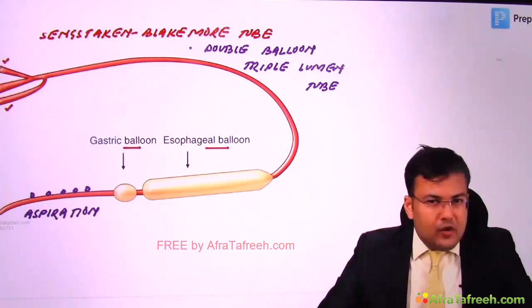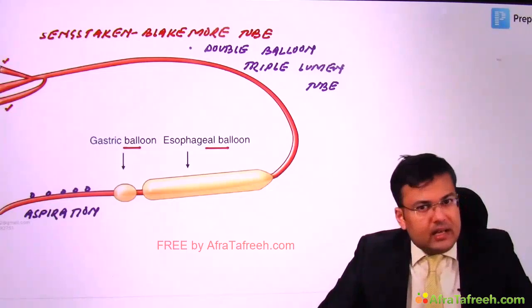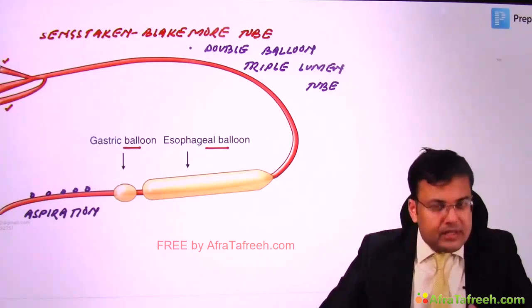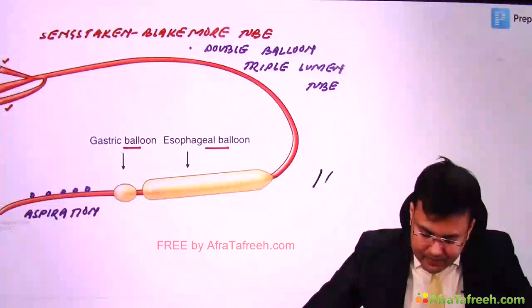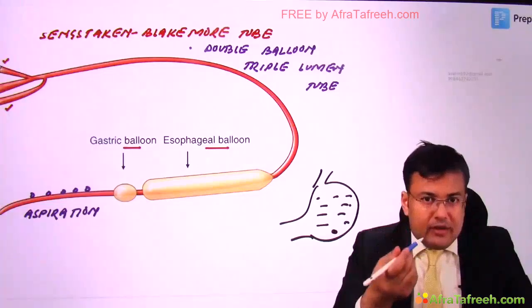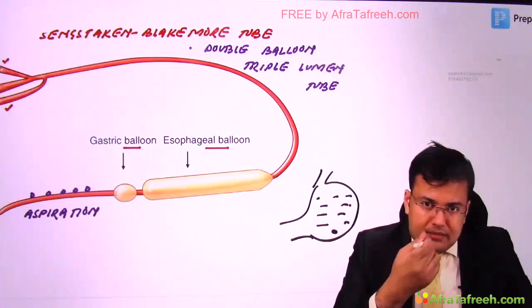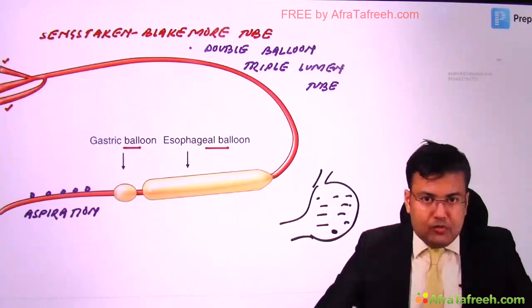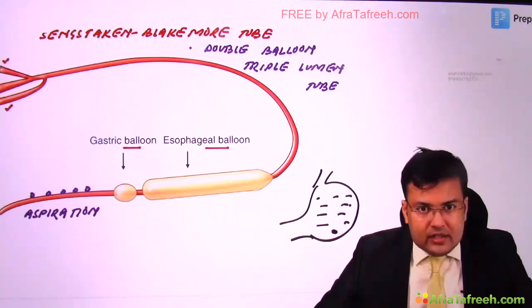Now the problem: whenever these patients are brought to the emergency, they are in a state of shock, and the second problem, their stomach is full of blood. So the stomach is full and the patient is in a state of shock. Whenever we are attempting insertion of this big bulky tube, what's the problem? There is increased risk of aspiration.